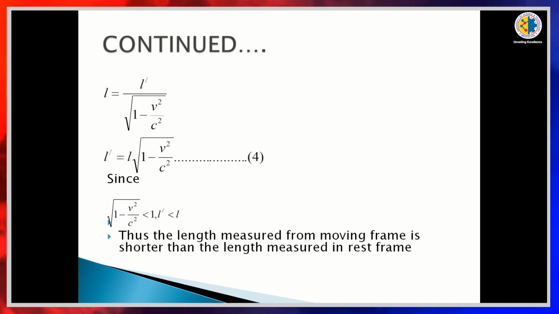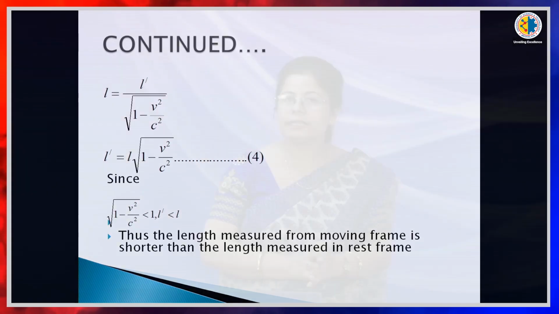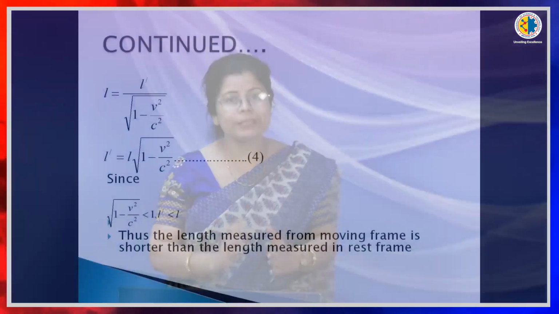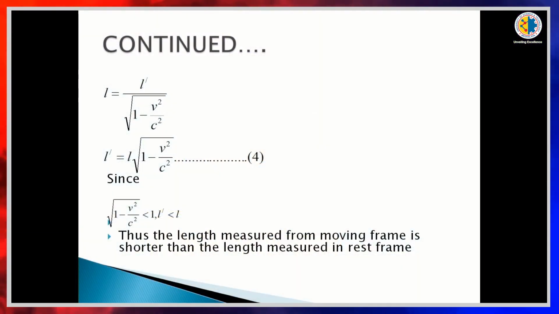Now, this is the important term, that is, root over 1 minus v square by c square is always less than 1. So, why is it less than 1? Now, try to understand what v and c mean. v is the velocity of the moving frame and c is the velocity of light, and this term root over 1 minus v square by c square is always less than 1, because any moving particle is always slower in comparison with the speed of light.